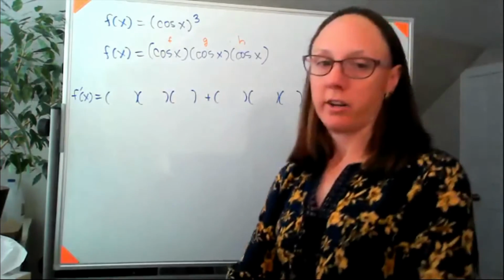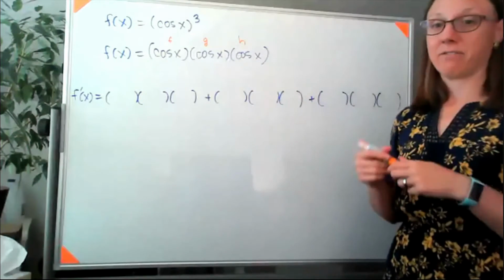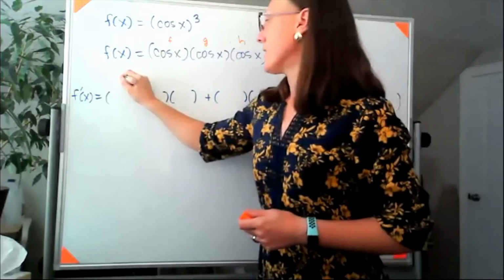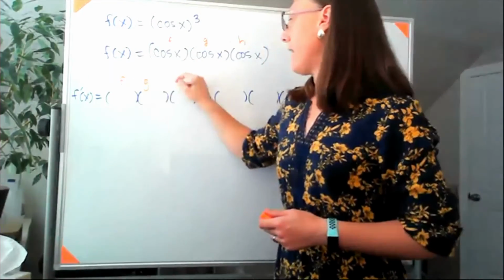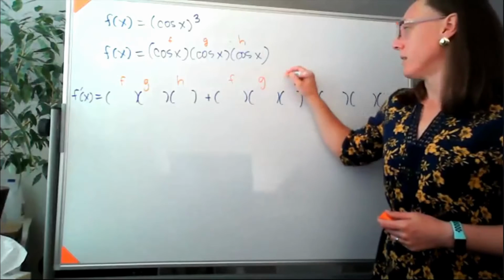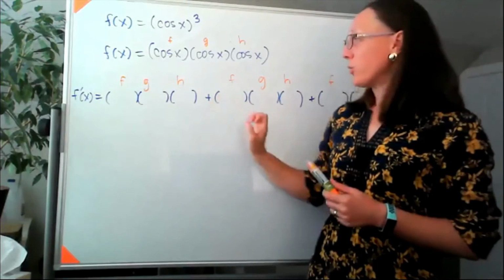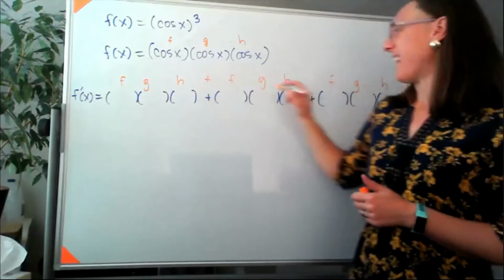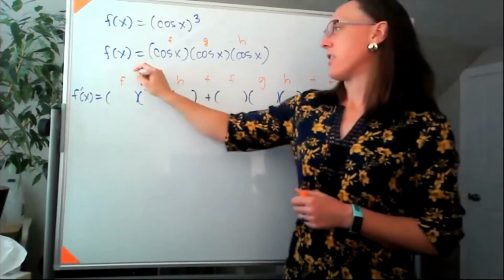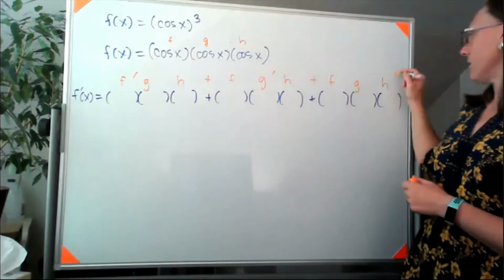So I'm going to write it 3 times because we had 3 letters. What usually goes with multiplication is addition, and I already put that addition in there, and then I'm going to chase down the derivative.